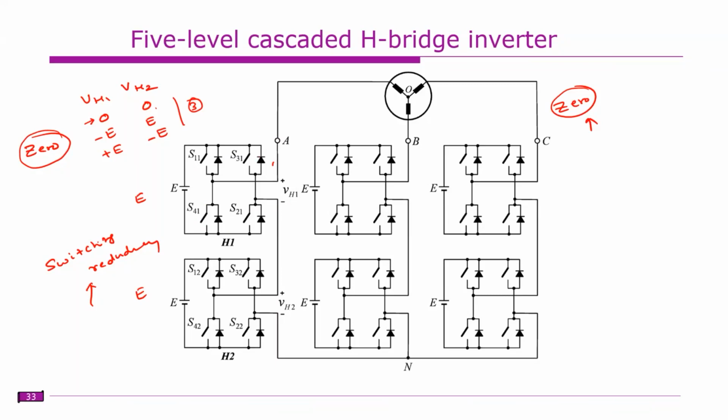If the switch conduction periods are the same, then the distribution of losses will be the same. If the loss distribution is the same, then a proper heat dissipation mechanism can be used, that is, a proper cooling mechanism.